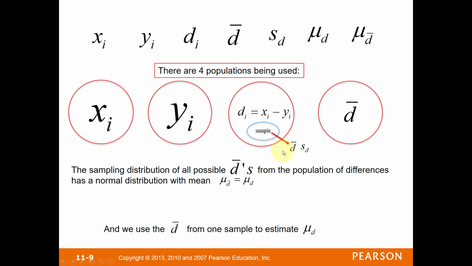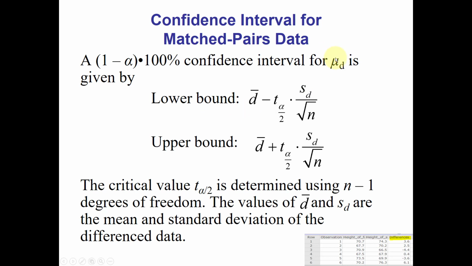And we're going to do that by taking d bar as our point estimate and using that to estimate mu subscript d. So mu subscript d equals the point estimate d bar plus or minus this t sub alpha over 2 and then this S subscript D over the square root of n.